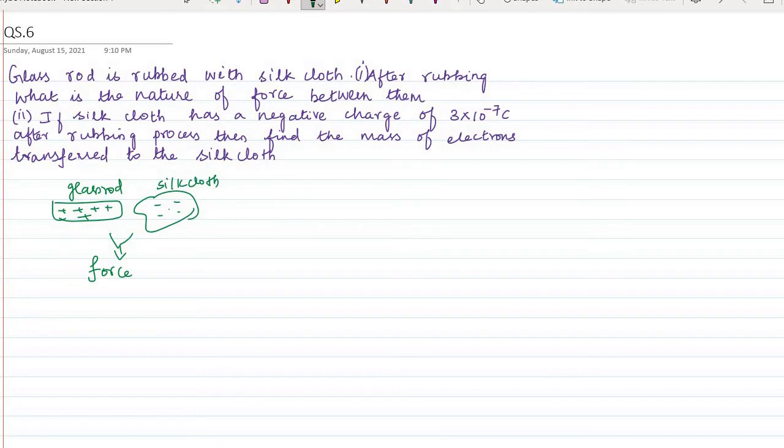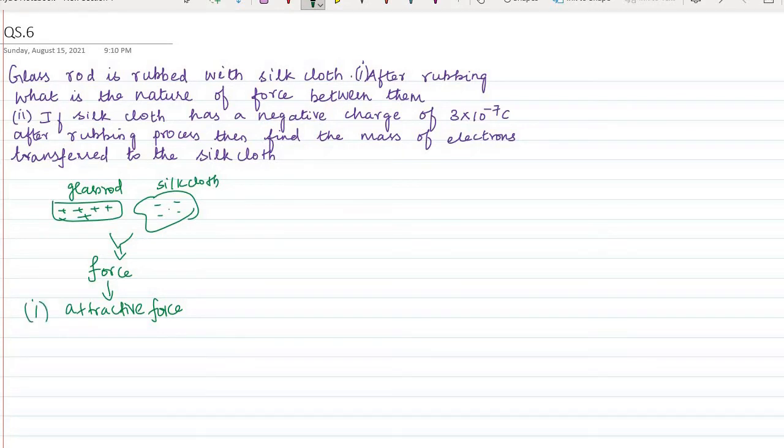What is the electrostatic force, or electric force, between them? Both are opposite charges, one positive and another negative. So the force is attractive force. This is the answer for the first part.